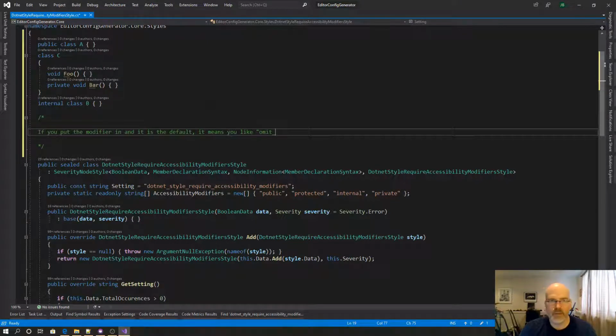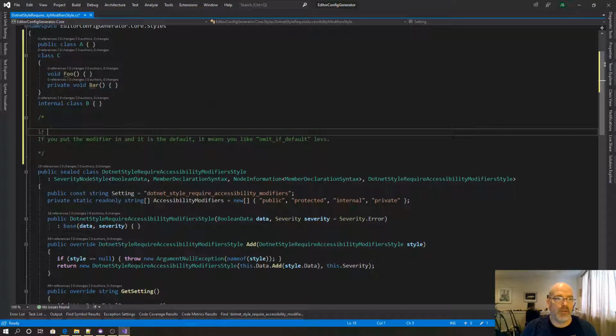Omit if default less. Okay. So there's, if you don't put the modifier in, it means you prefer never.